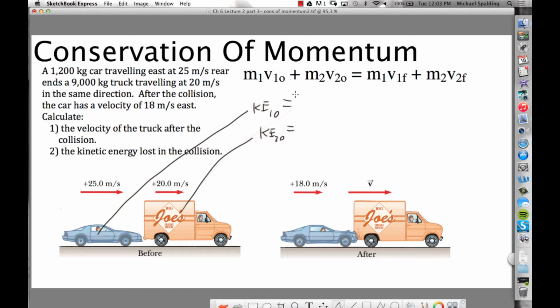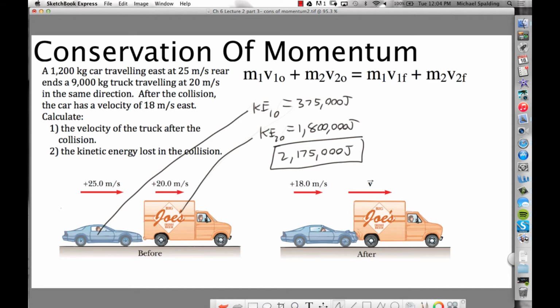The kinetic energy of the car, you do 1/2 mv squared, you get 375,000 joules. For the truck, you get 1,800,000 joules. Add those two together, and you get 2,175,000 joules. That is the total kinetic energy before the collision.